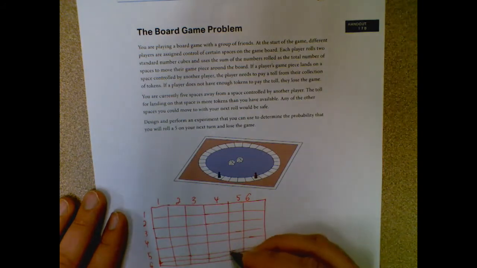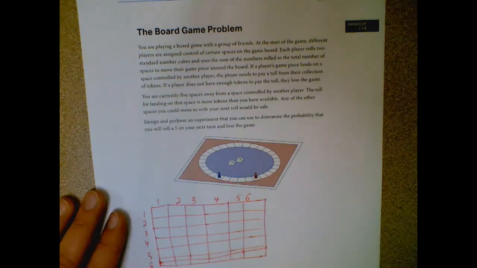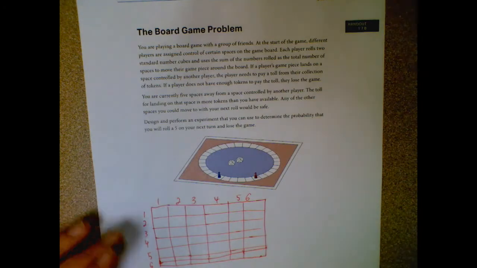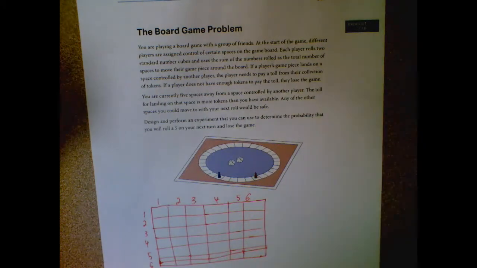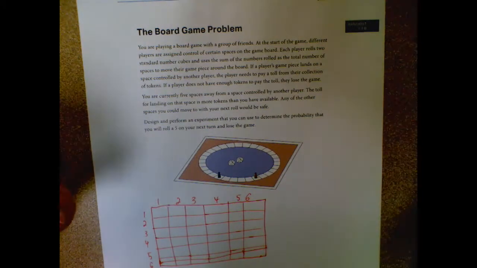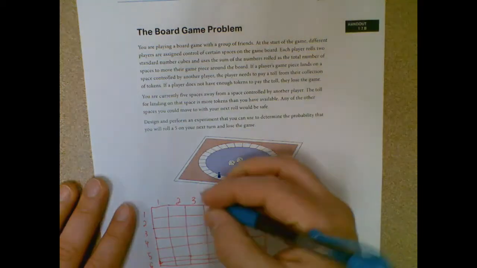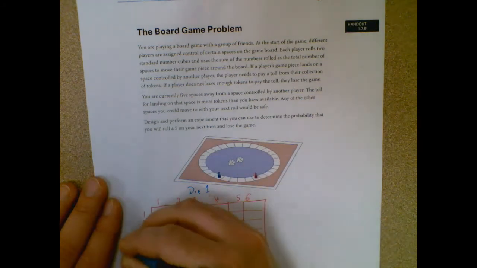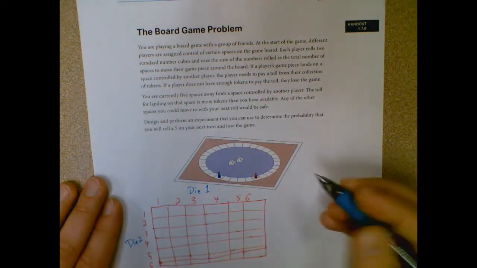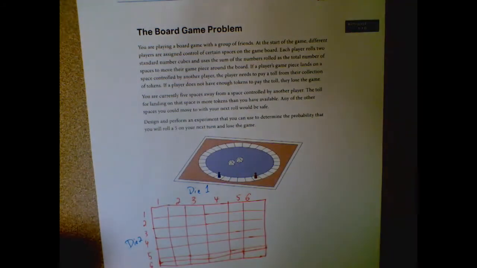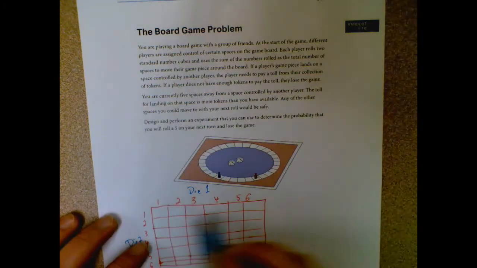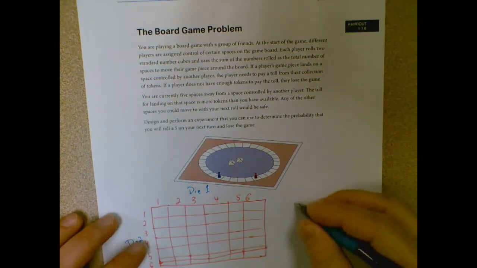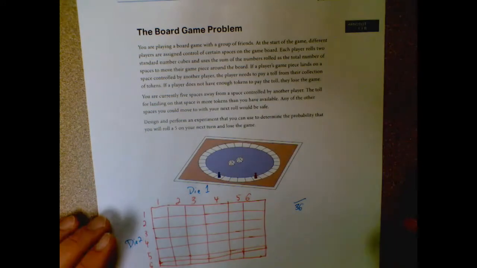But anyway, these are all 6s down here. So what I'm going to do is figure out how many squares I have, and then how many would add up to 5. My logic here is this is kind of like die 1, and this would be die 2, and then I'll add up the totals to figure out where we get. So this is a 6 by 6 shape, so that's definitely out of 36.